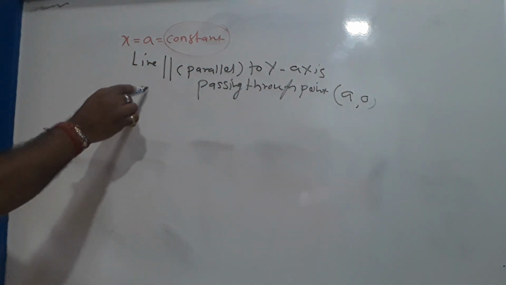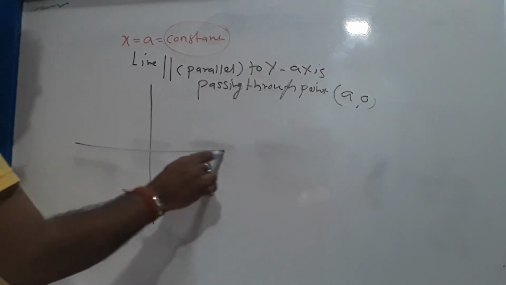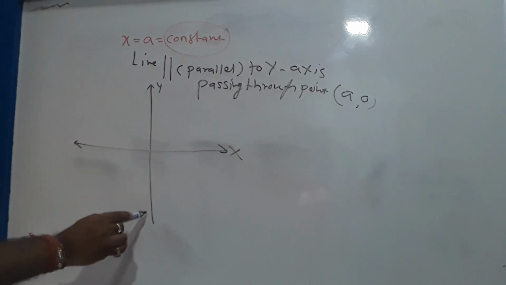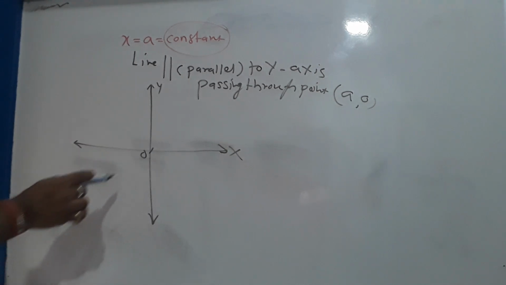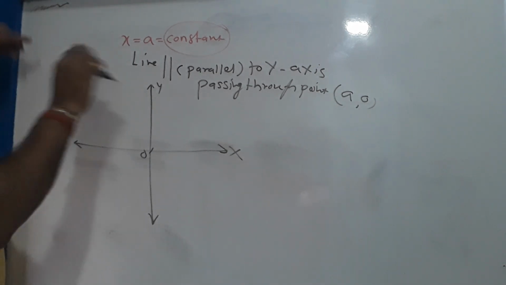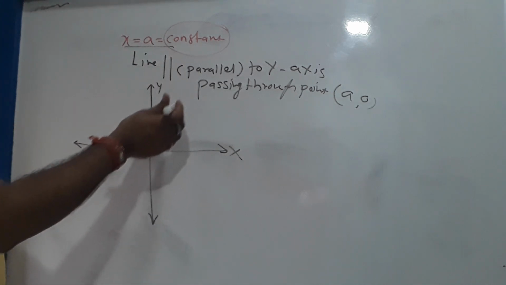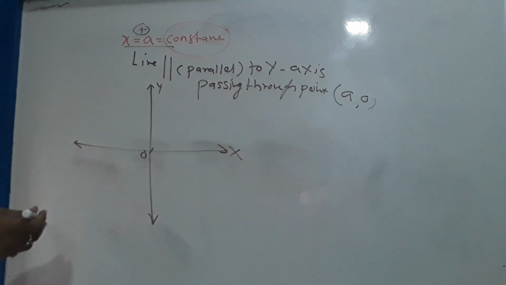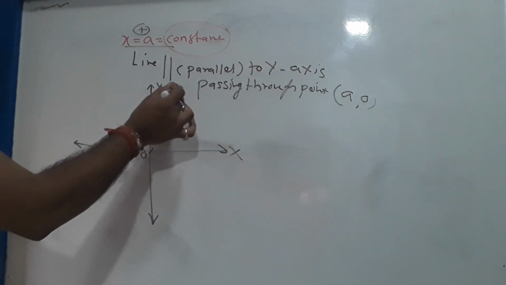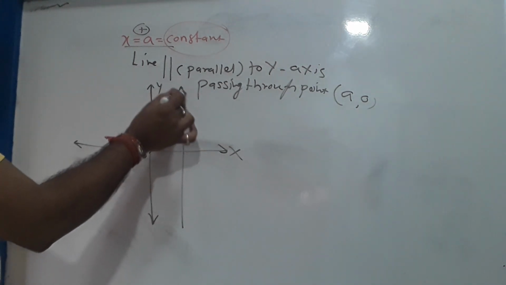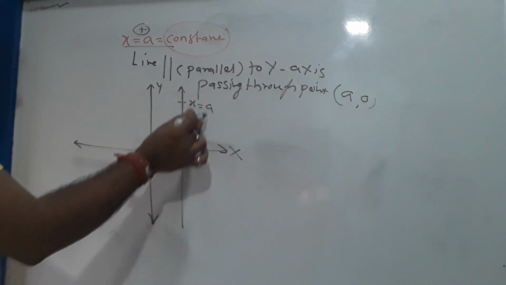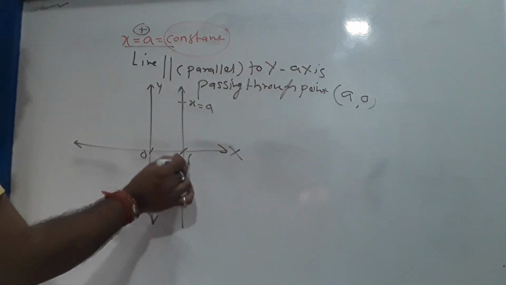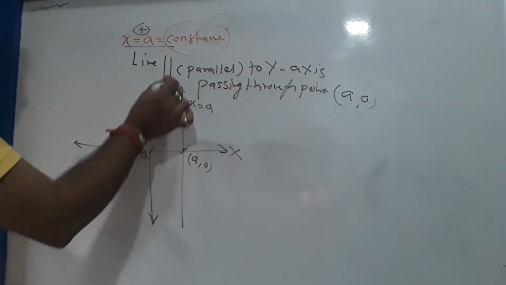So what is this line? This is my x-axis, this is my y-axis, and this is my origin. x is equal to a constant is lying parallel to the y-axis. Suppose a has a plus sign: x is equal to plus a, so this will be lying parallel to the y-axis, passing through the point (a, 0). The y coordinate is 0, so it is a point on the x-axis.